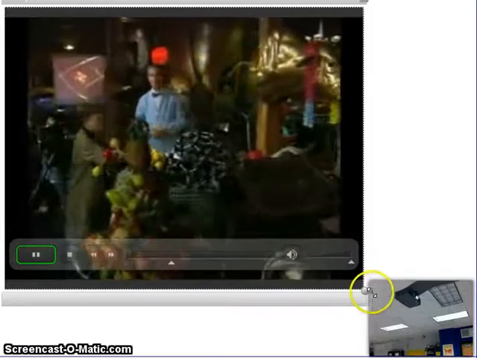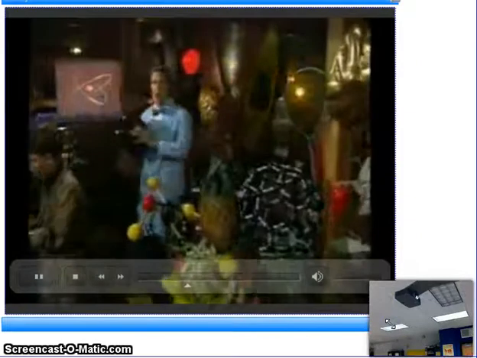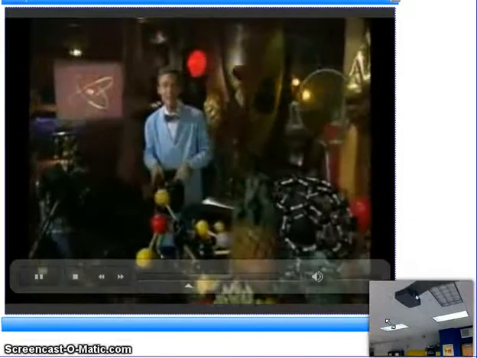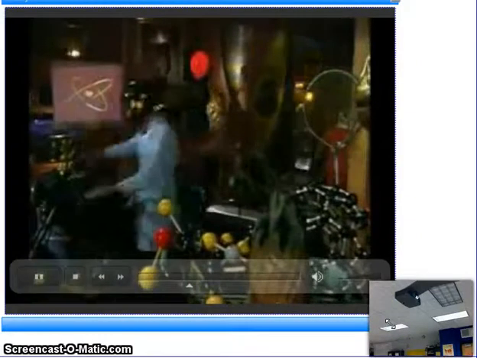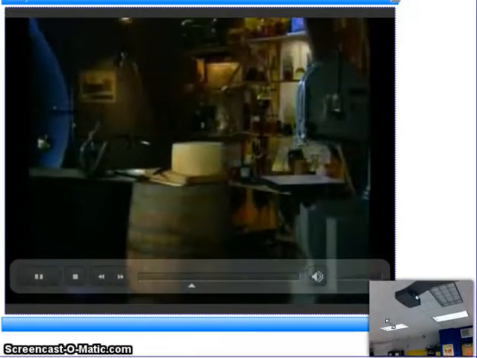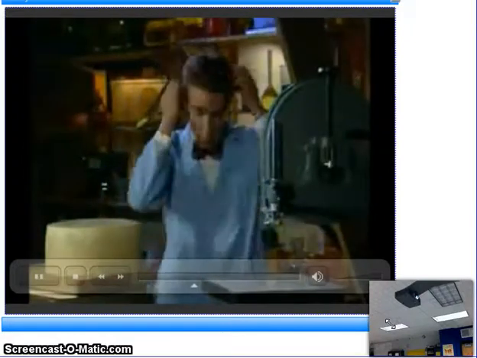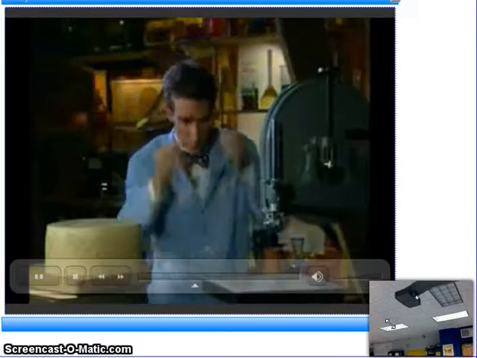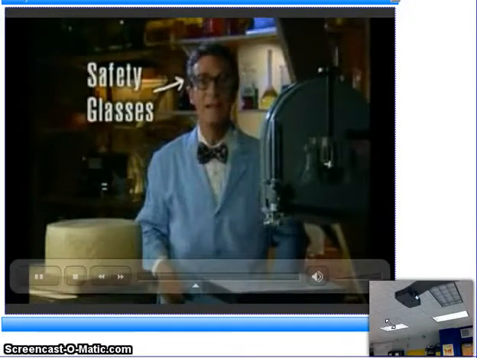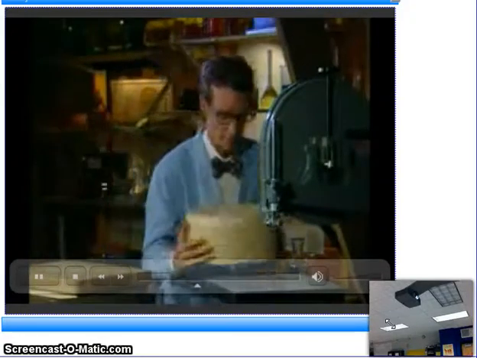It turns out that if we break matter down, take it completely apart, all of these things are made of just a few things. Imagine cutting a piece of cheese in half.